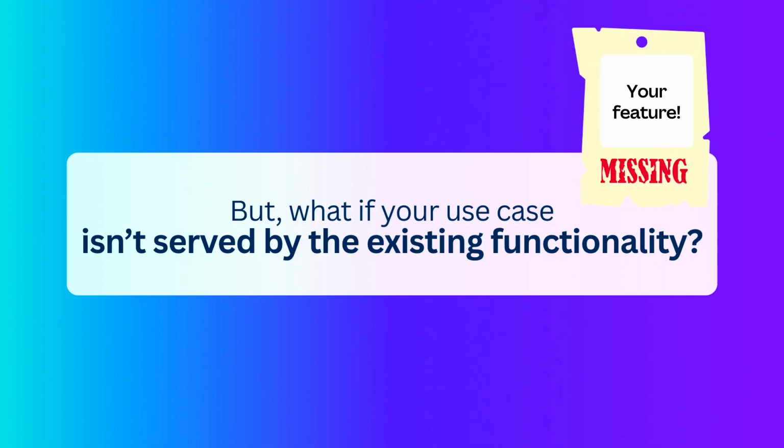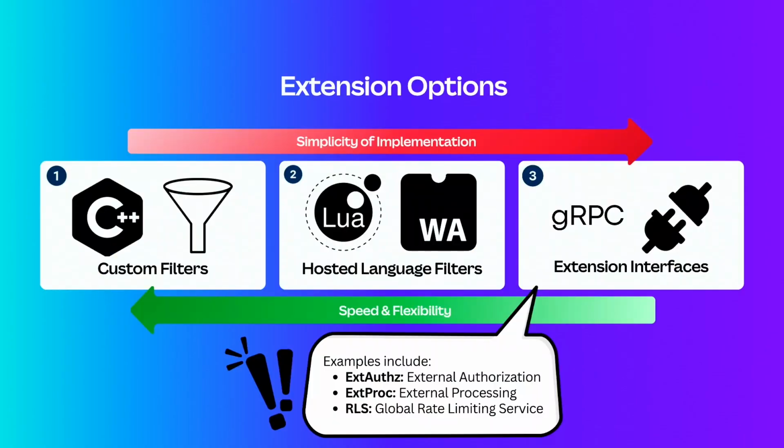But what if your use case isn't served by the existing functionality? There are a few different options that we can explore. They exist on a spectrum in terms of both simplicity and flexibility, and they are inverse, as always. It's like, you know, pick two.